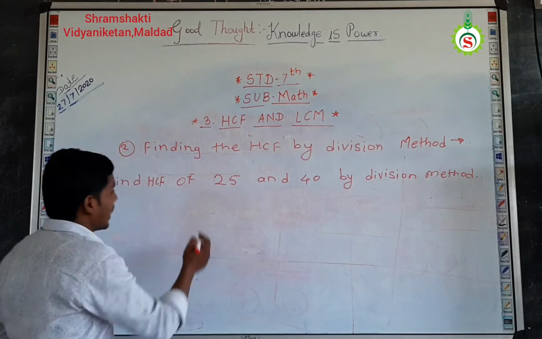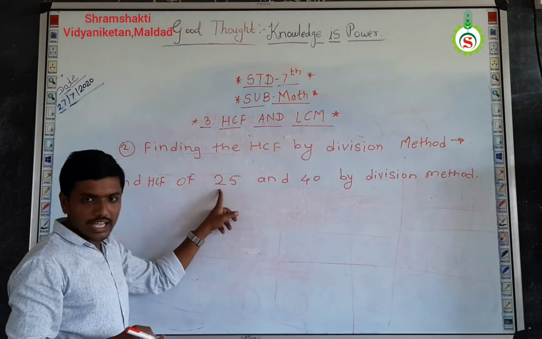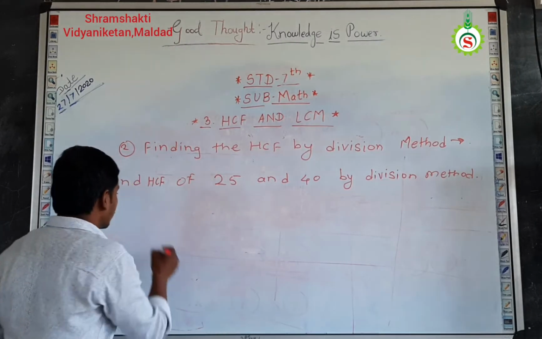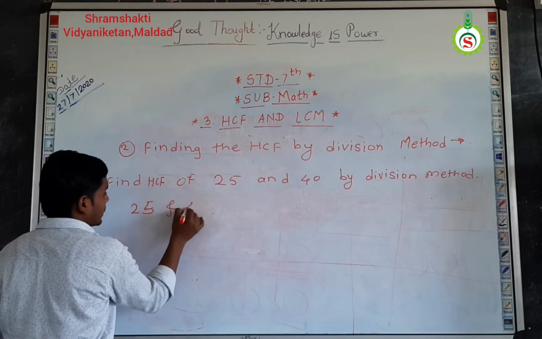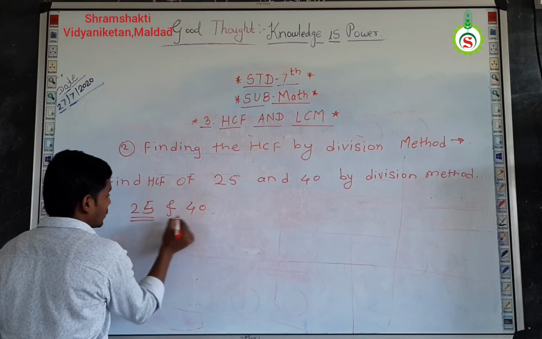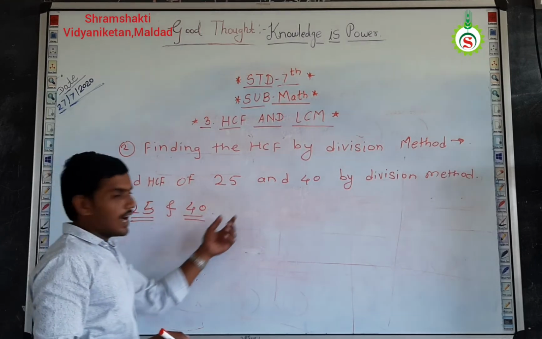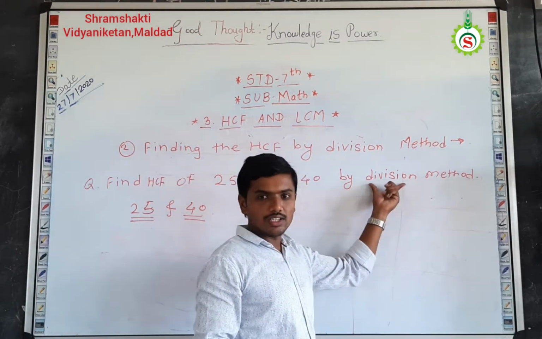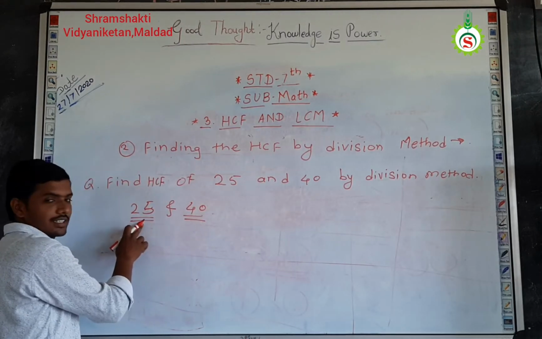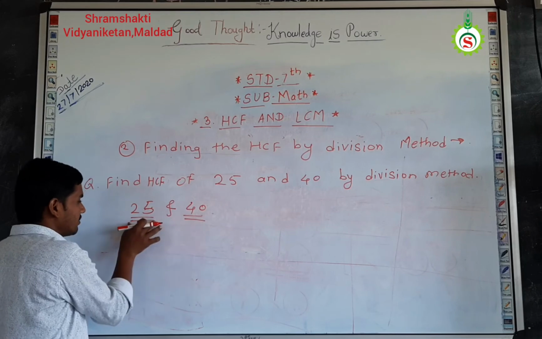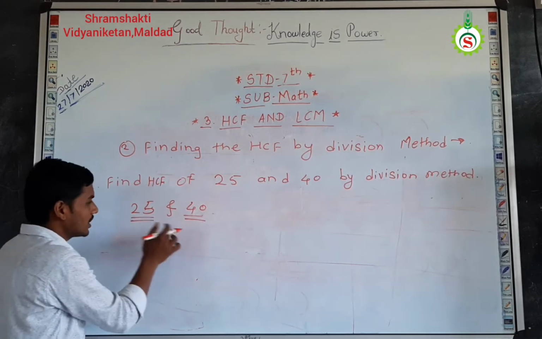So let's see how to find the HCF by the division method. Which are the two numbers? 25 and 40. Now our method is the division method. That means the larger number is always divided by the smaller number.